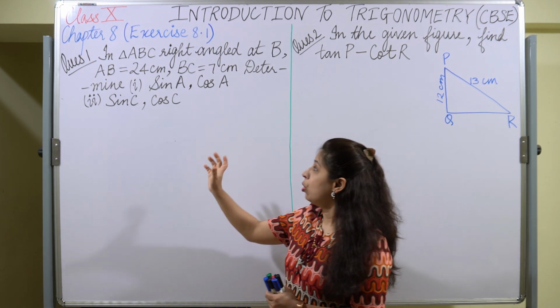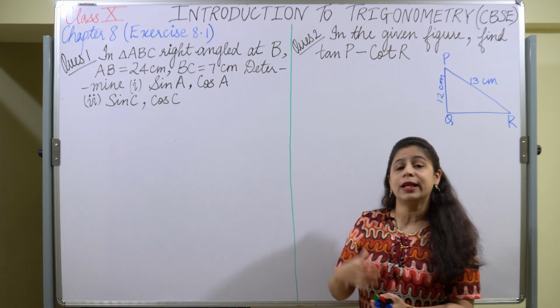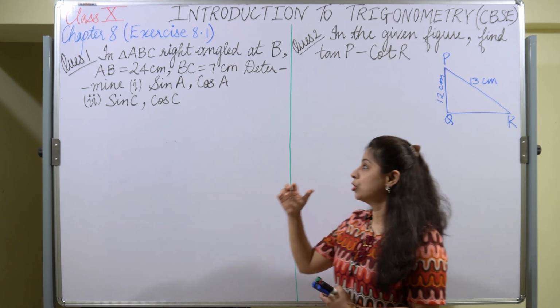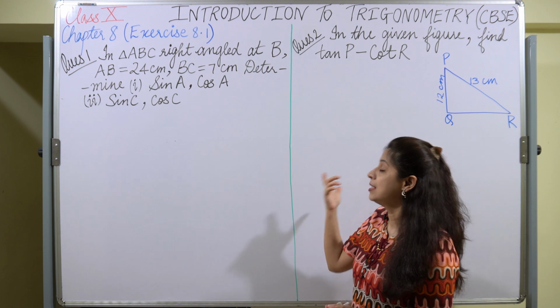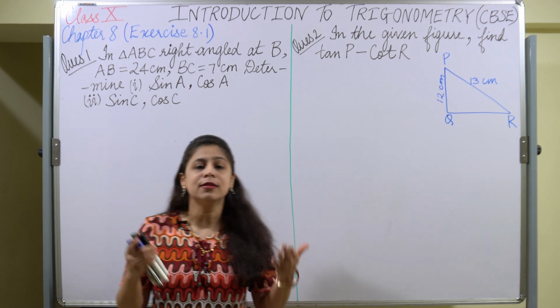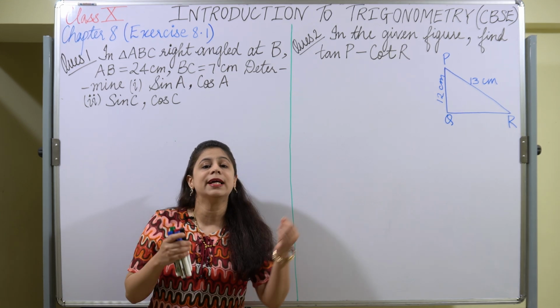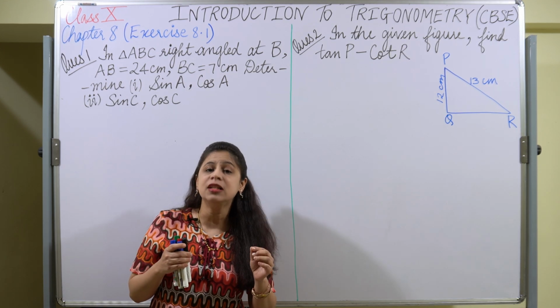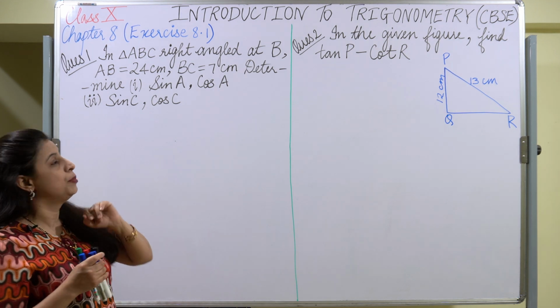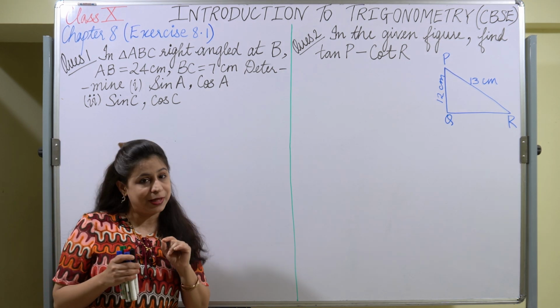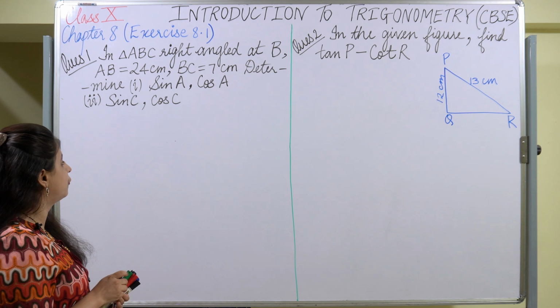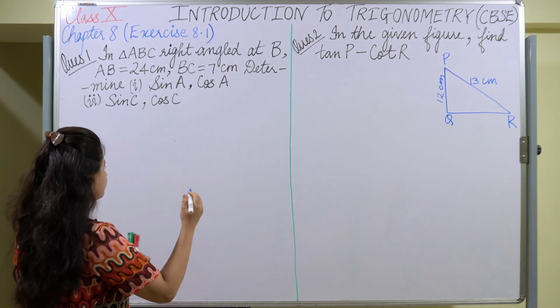Okay, so here the figure is not given. Let us first draw the figure. The triangle ABC is right angled at B. Always in trigonometry we deal with the right angle triangle. It is given to us that the 90-degree angle is to be made at B. So let us draw the figure first of all.